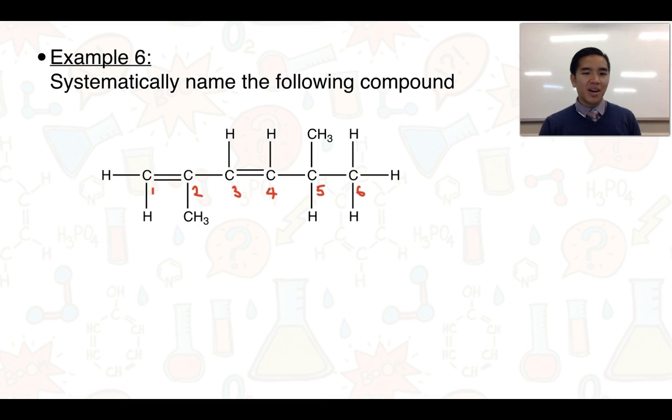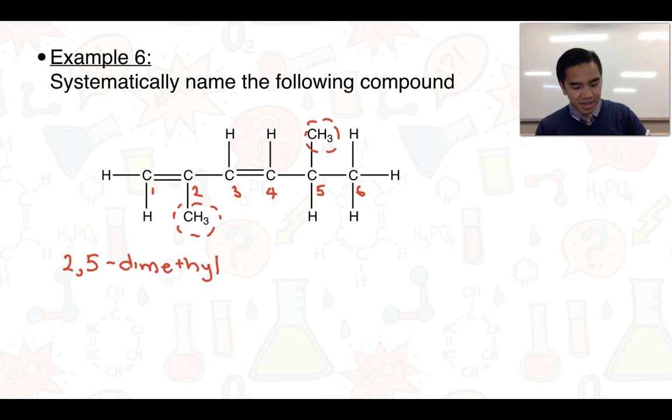We'll go ahead and work out where our alkyl groups are as well. We've got a methyl group here and here. So to name this, we'll start off with the methyl groups. 1 on carbon 2 and 5. So it's 2,5-dimethyl. 6 carbon atoms long, so it's going to be a hex.